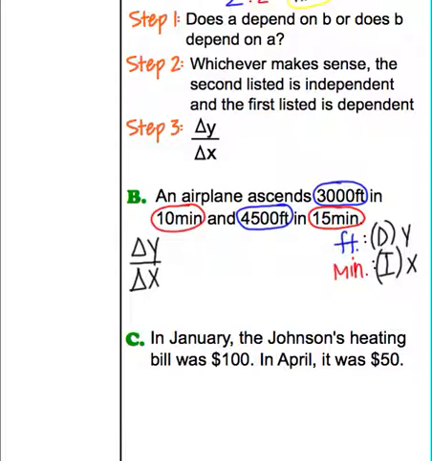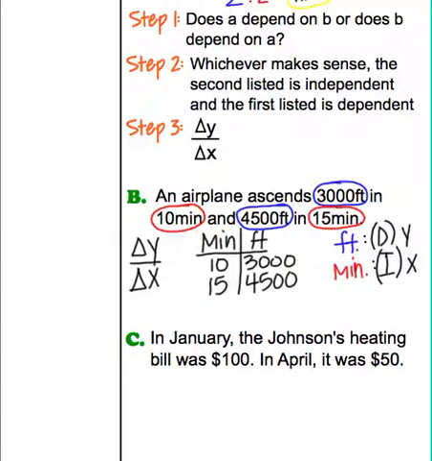So now we need to look at our change in Y over our change in X, and I prefer to look at this in the form of a table. So I'm going to write down minutes and feet. So I notice that after 10 minutes, it ascends 3,000 feet, and after 15 minutes, that's 4,500 feet.